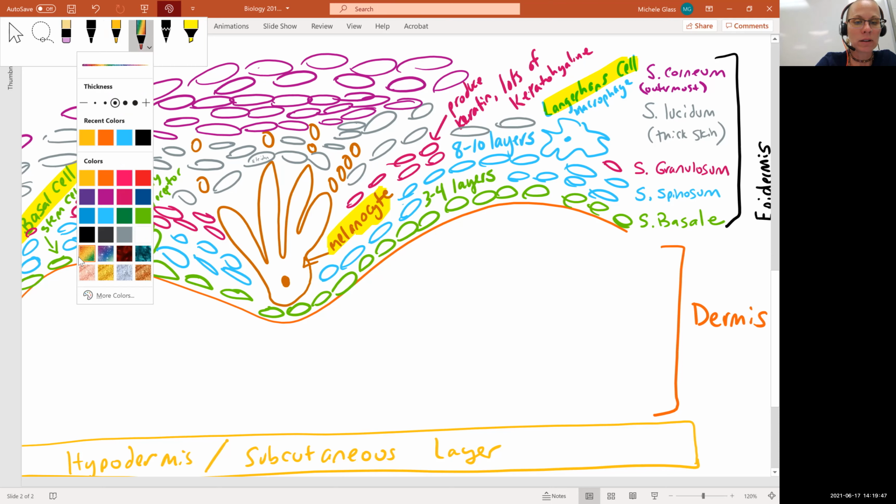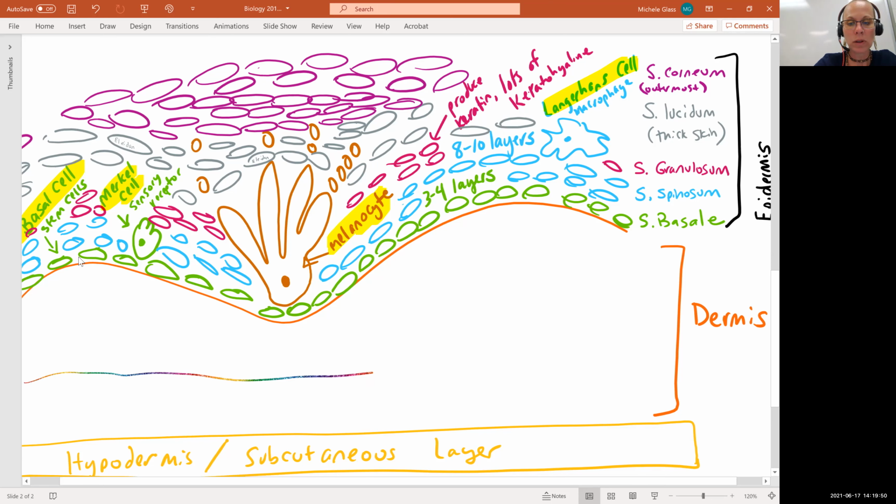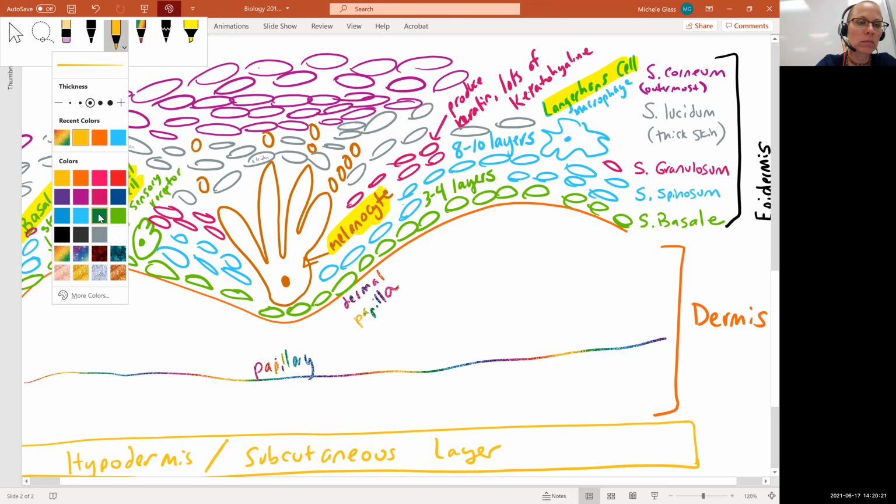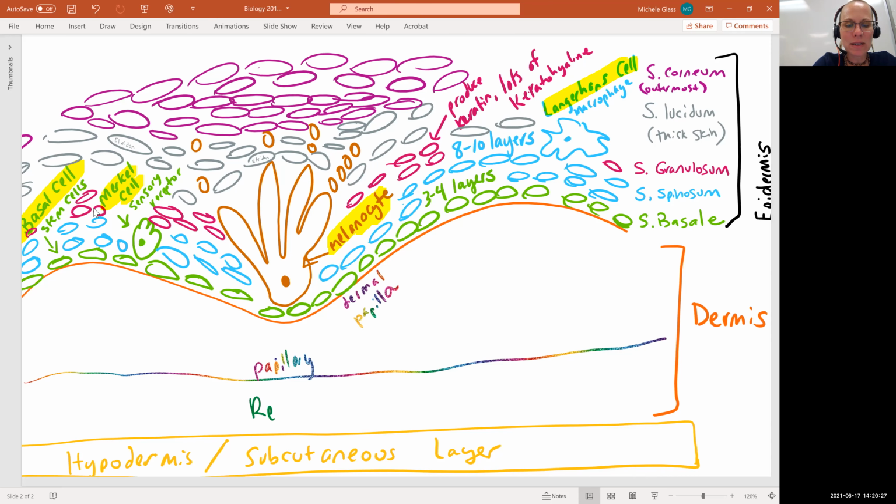And so we're going to have this top layer as the papillary layer, where these finger-like projections sticking up are going to be called, remember, dermal papilla. A is singular, AE ending, dermal papillae would be the plural form. And then underneath the papillary layer, we're going to get our reticular layer.